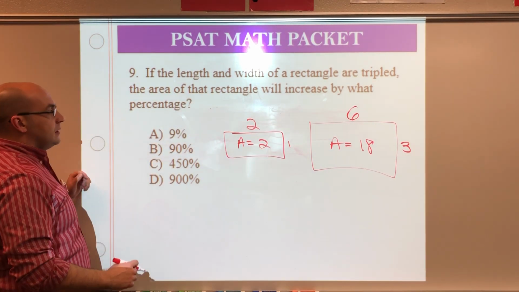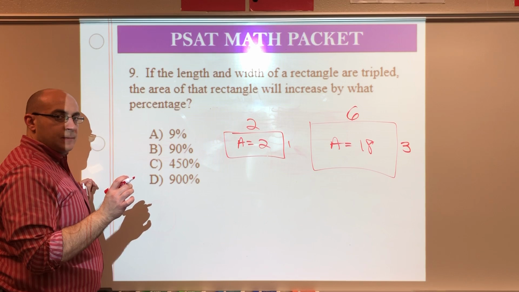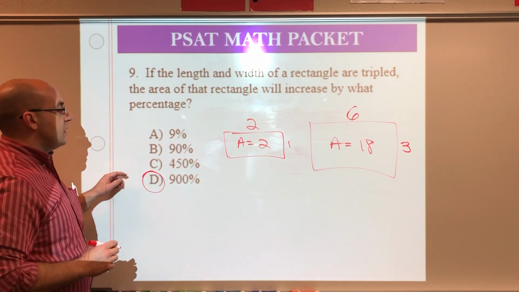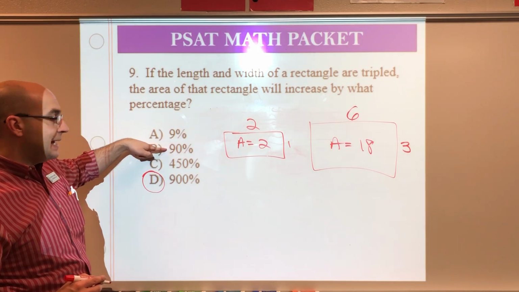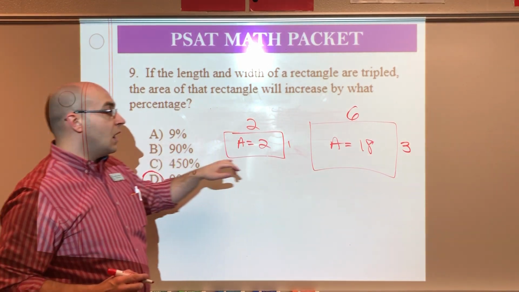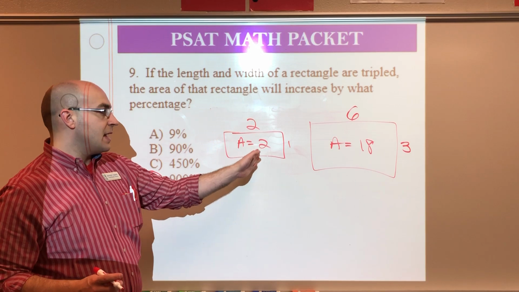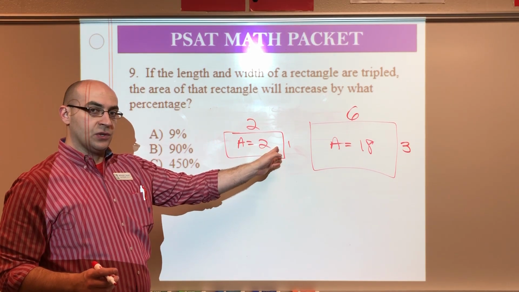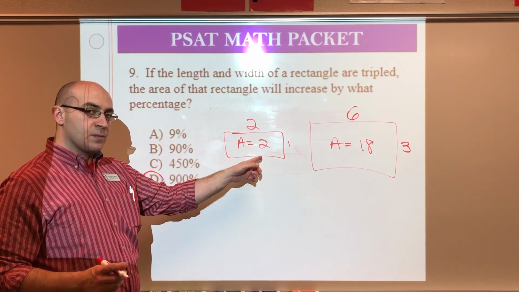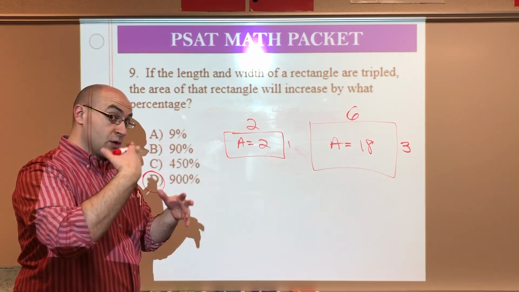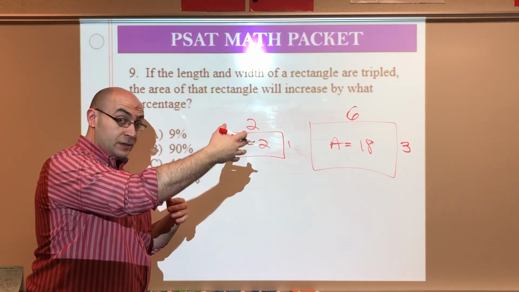Now, the increase percentage is going to be D, 900%. And here's why. I have to do 100% times 2 to get to 4, because that would be the entire thing, 100%, all of it, and then doubling it would be 4.